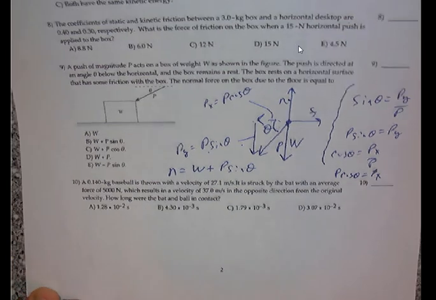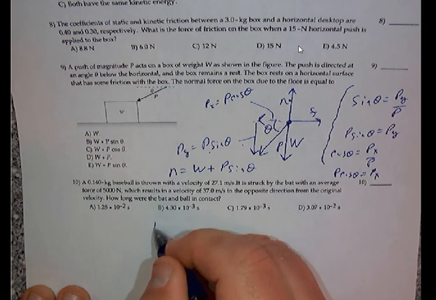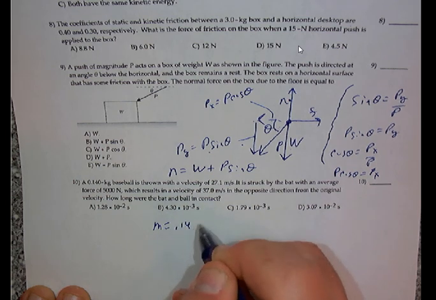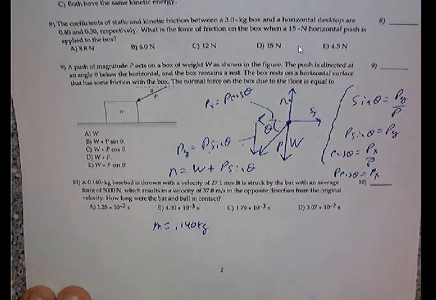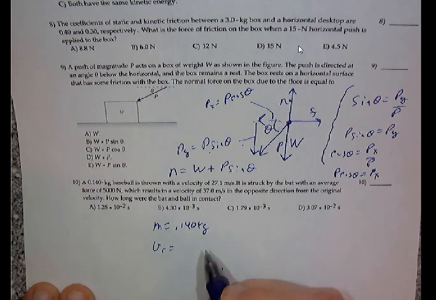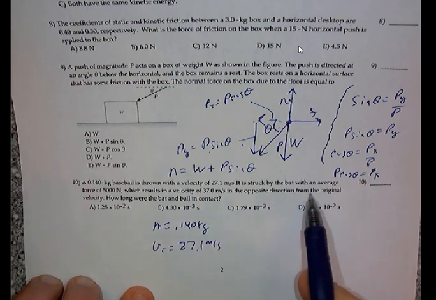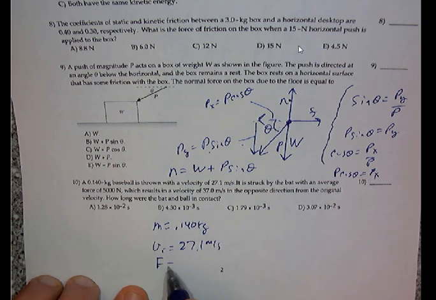Okay, number 10. We have a 0.14 kilogram baseball, so mass 0.14 kilogram, thrown with an initial speed of 27.1 meters per second. It's struck by a bat with an average force of 5,000 newtons.